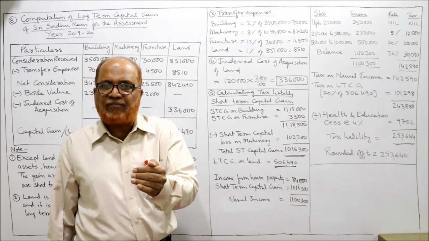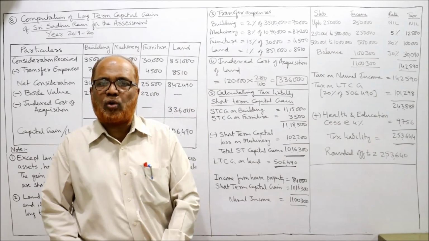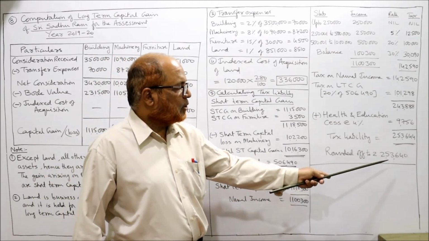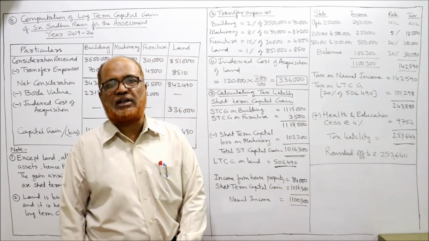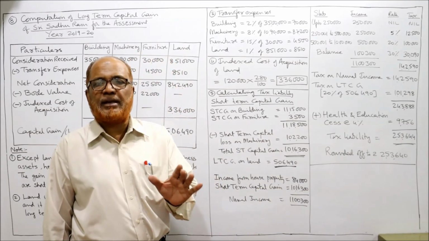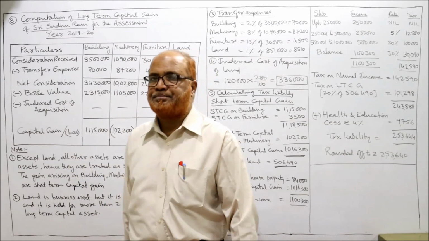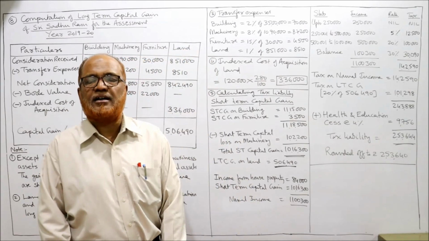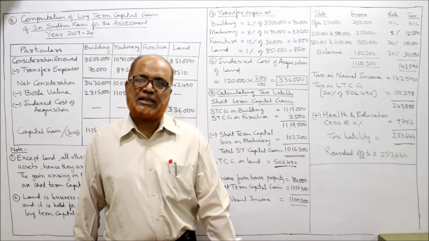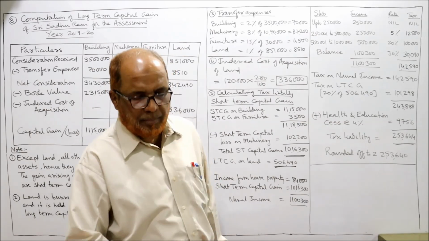But if it is less than 45, we ignore the 4 rupees and we take 40. So 2,53,640. This is the tax liability of Mr. Sadhuram for the assessment year 2019-20. So we have completed problem number 8.